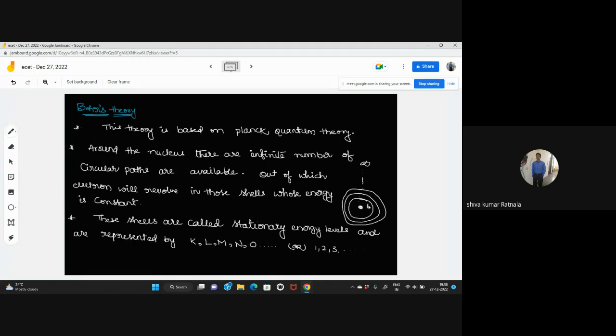That means the first cell is represented by K, the second cell by L, the third cell by M, the fourth by N, or 1, 2, 3, 4 like that.